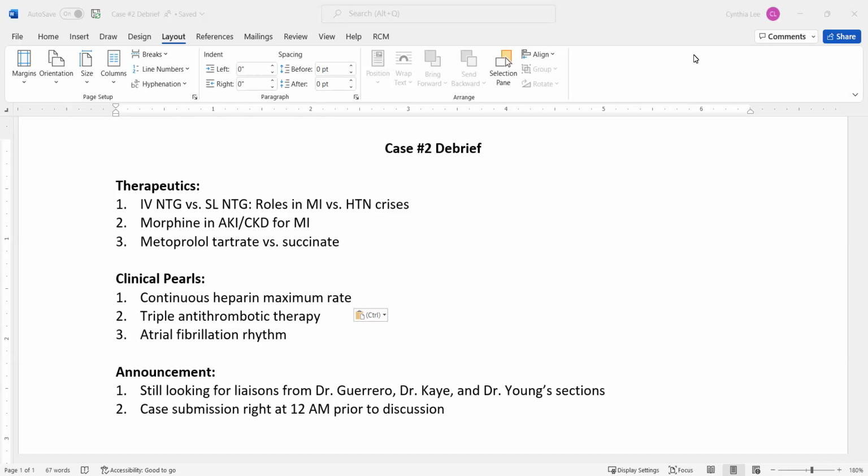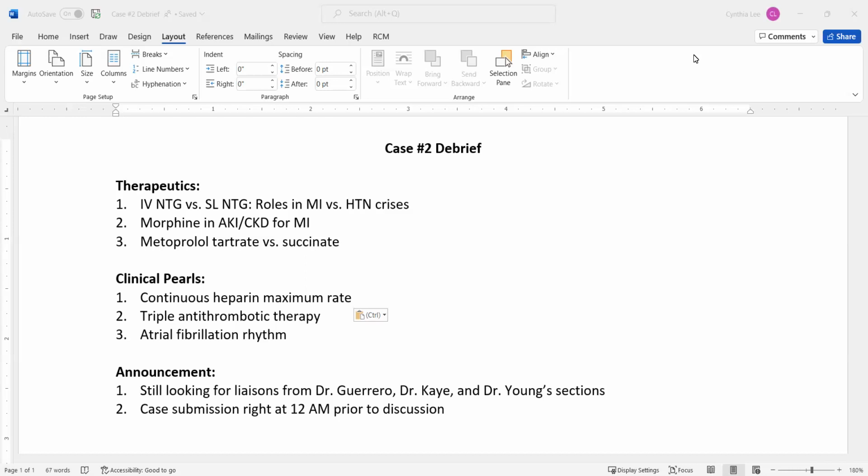And when you increase it, it will go over 1,000 units per hour, which is the maximum recommended dose rate for the initial therapy.